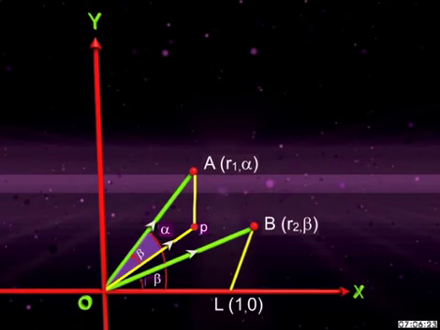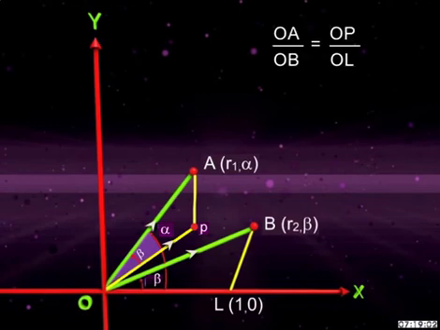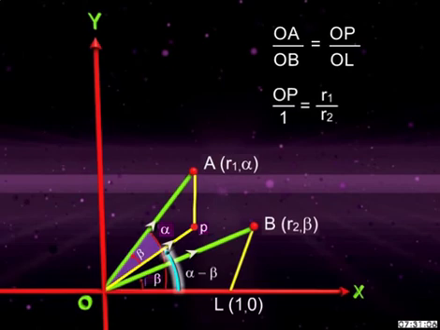Since these two triangles are similar, the ratios of corresponding sides of these triangles are also equal. That is, OA upon OB is equal to OP upon OL, which implies that OP upon 1 is equal to r1 upon r2. Also, angle POX is equal to angle AOX minus angle BOX, which is alpha minus beta, as angle AOX is equal to alpha and angle BOX is equal to beta.